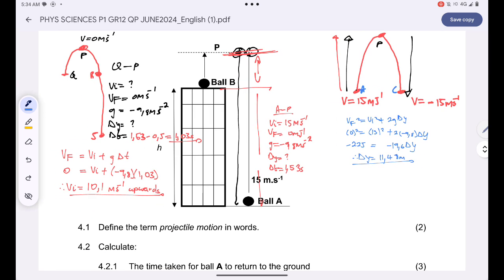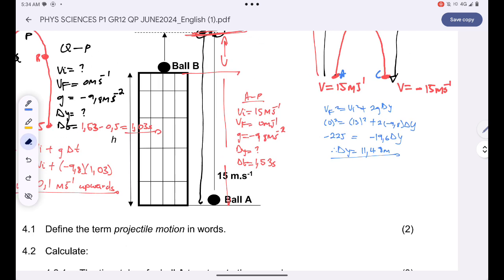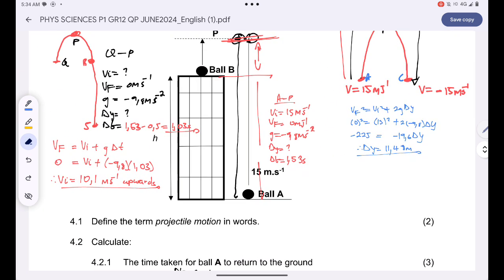Okay, and then for ball B, we are still moving from position Q to P, right? We did find our initial velocity to be 10.1 meters per second.